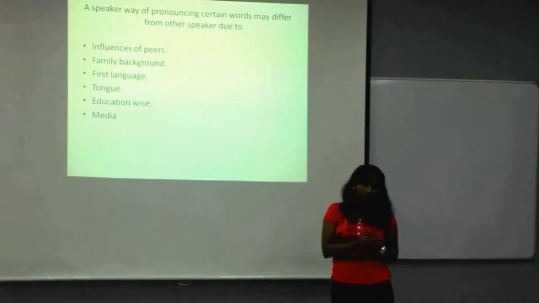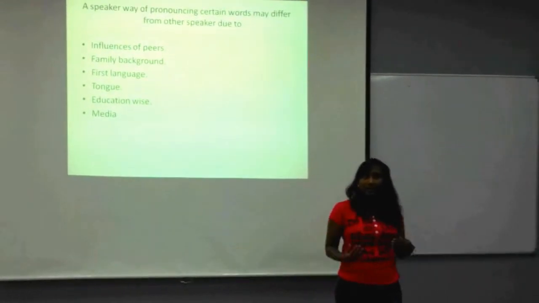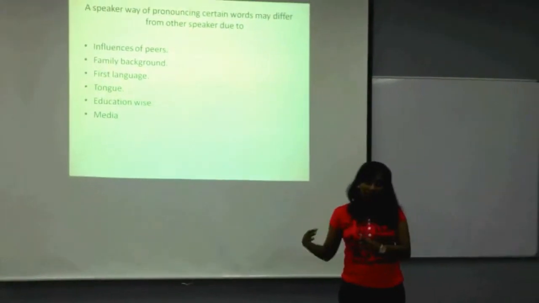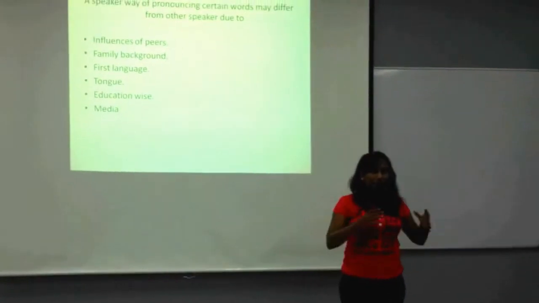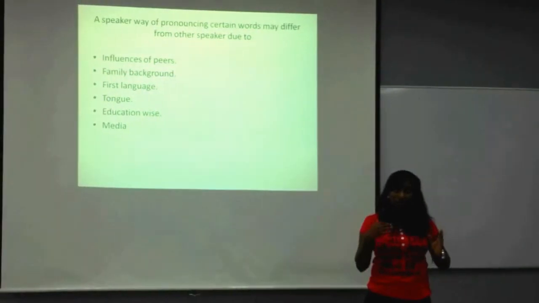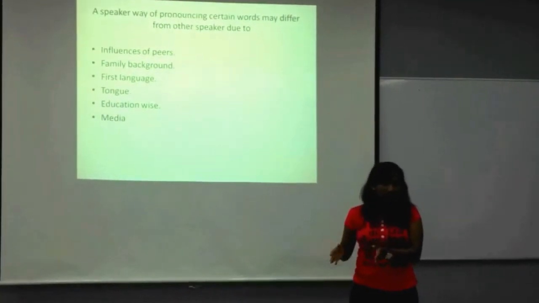Secondly, family background. For example, we are studying in an international school and our family is not good in English. When we come back home, we will not talk using English. We will talk in the first language that we have learned.